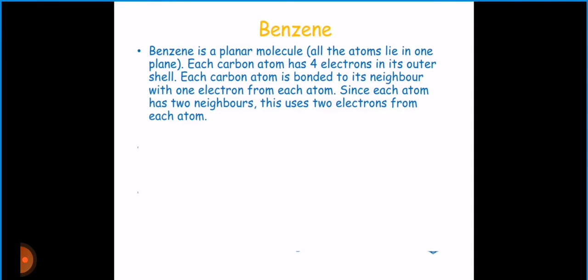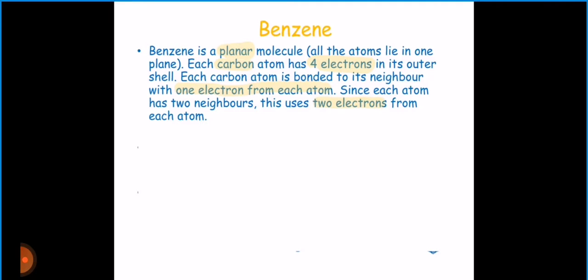So to begin, benzene is a planar molecule, so we know that planar means the bond angles are 120 degrees and all atoms lie in the plane of a page. Each carbon atom has 4 electrons in its outer shell, and each carbon atom is bonded to its neighbour with 1 electron from each atom. Since each atom has 2 neighbours, this uses 2 of the 4 electrons from each carbon atom.